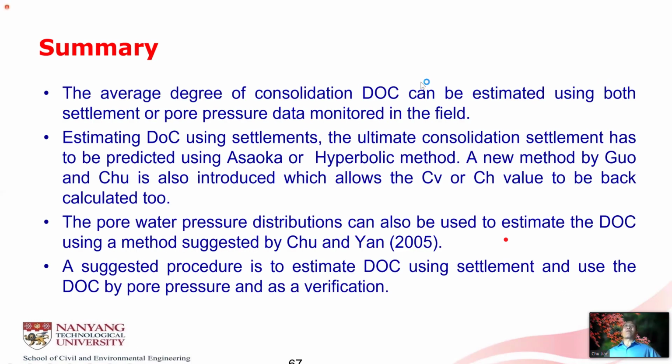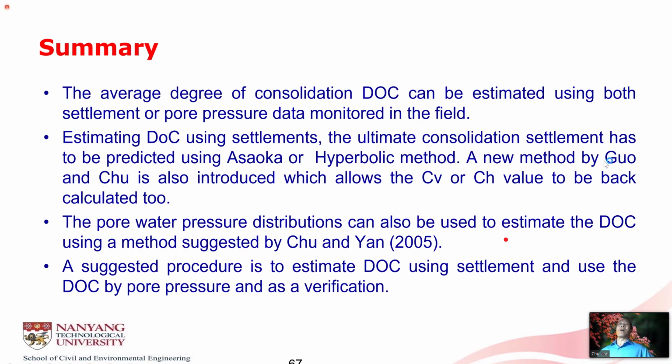So in summary, the average degree of consolidation can be estimated using both settlement and pore pressure data monitored in the field. Estimating degree of consolidation using settlements, the ultimate consolidation settlement has to be predicted using either Asaoka or hyperbolic method.